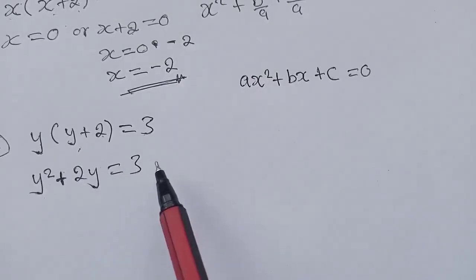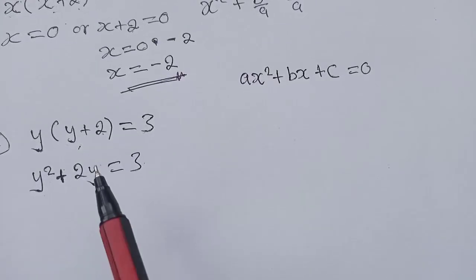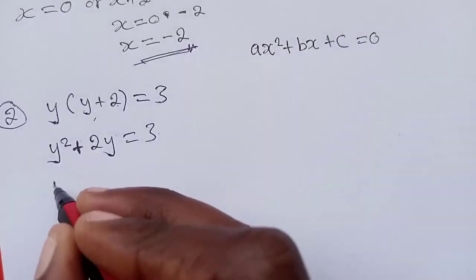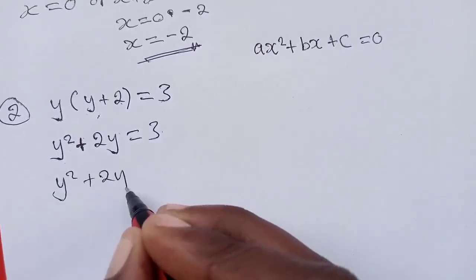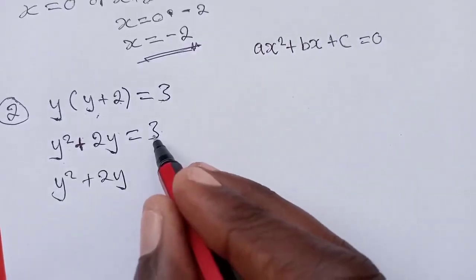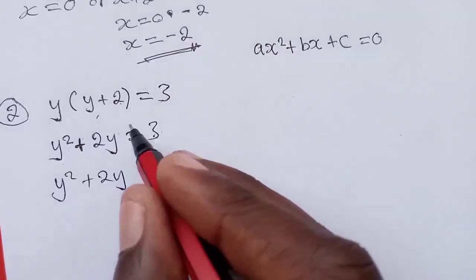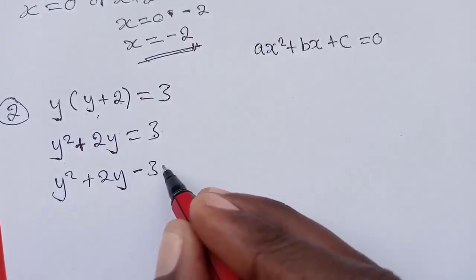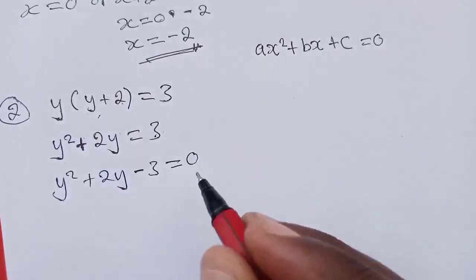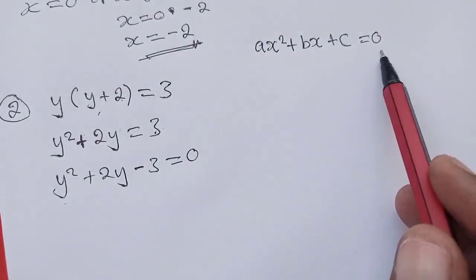All right, so meaning we are going to get this 3 to come to this side, so it will be y squared plus 2y. Then when it crosses the equal sign, it becomes negative 3 is equal to 0. This equation is now similar to the general form.